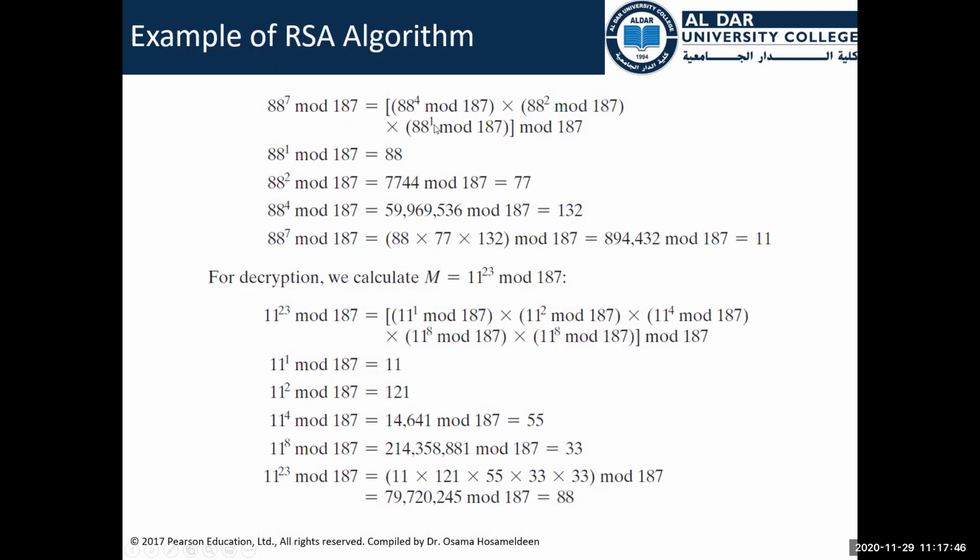Then finally, you can multiply the resulting 88, 77, 132 by each other, and then mod 187 to get 11.